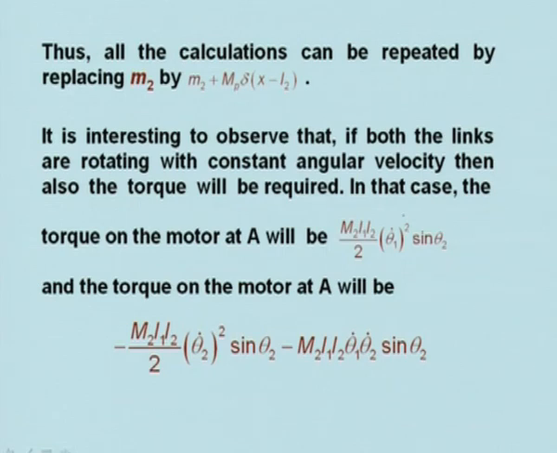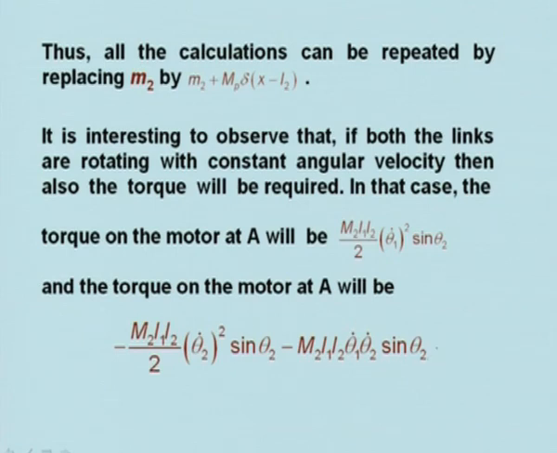sin theta 2. Because of the angular velocity of the second link, if the first link is stationary, then of course that torque will not be required. But if the first link is not stationary, then this will be required, and the torque on the motor at A will be minus M2 L1 L2 by 2 theta 2 dot square sin theta 2 minus M2 L1 L2 theta 1 dot theta 2 dot sin theta 2.